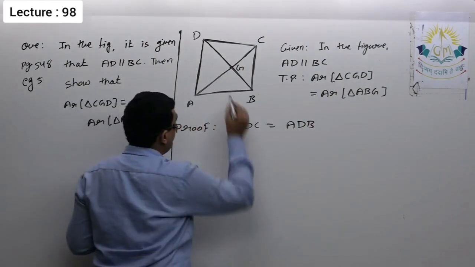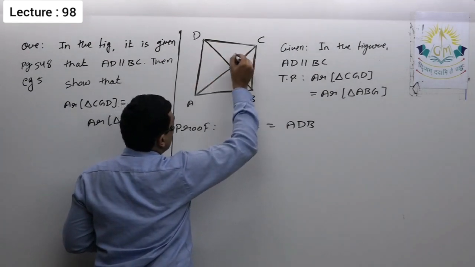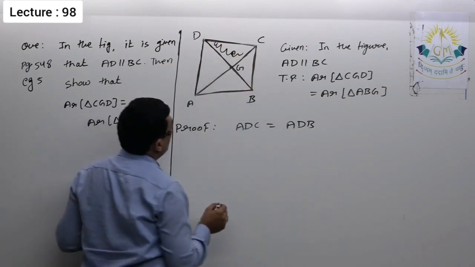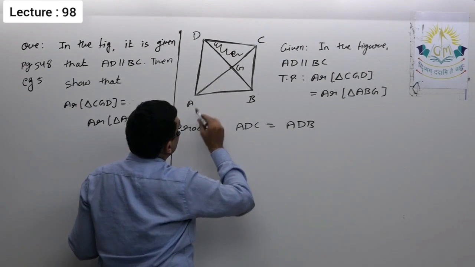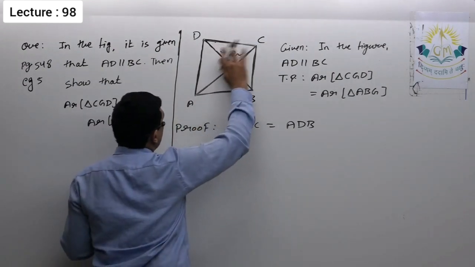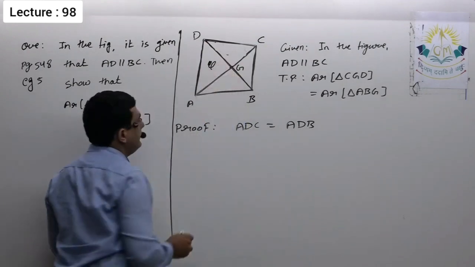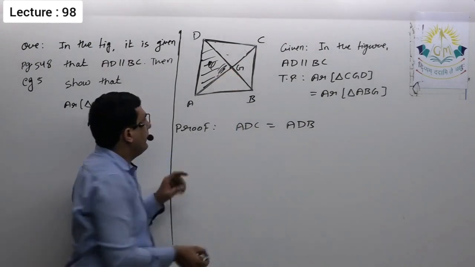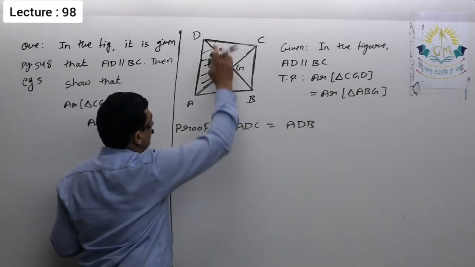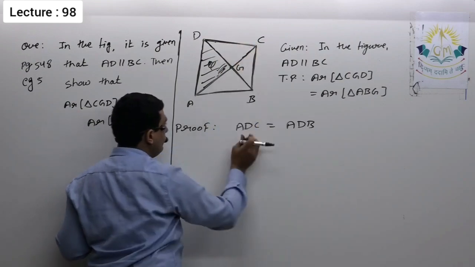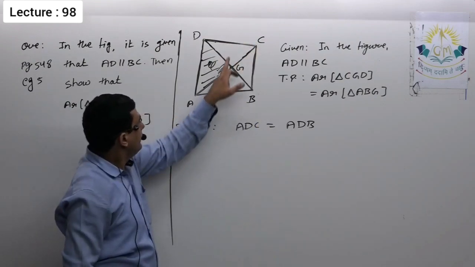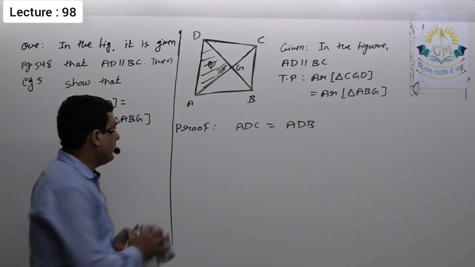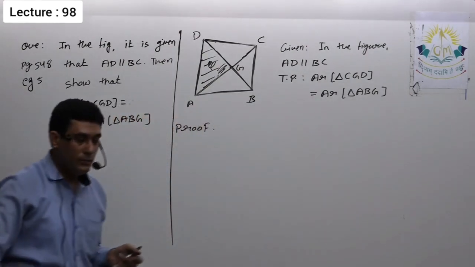So now if from both triangles I subtract this common area ADG, you can see triangle ADC contains this, as well as triangle ADB contains this area. So if I subtract this common area, I will get the required result. CGD will be equal to ABG, isn't it? So first you apply that concept, and then you subtract the common area from two triangles.